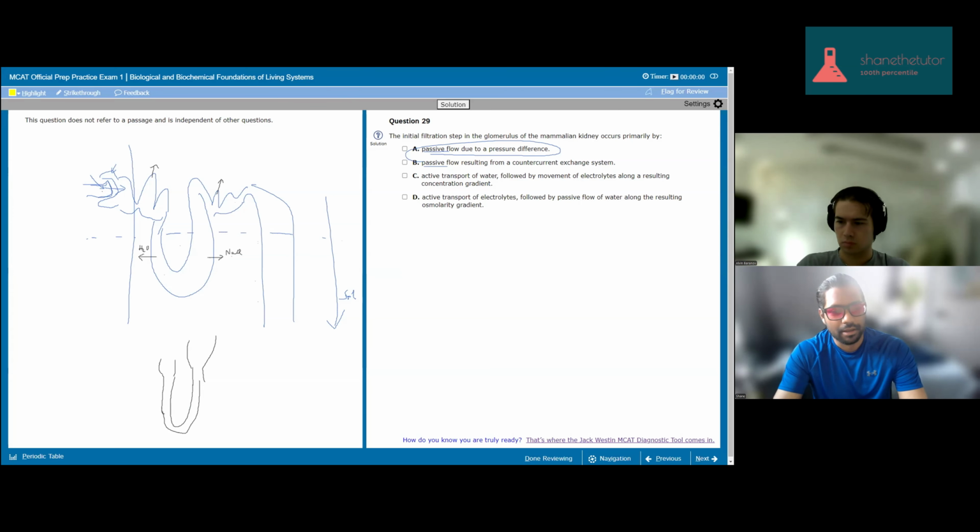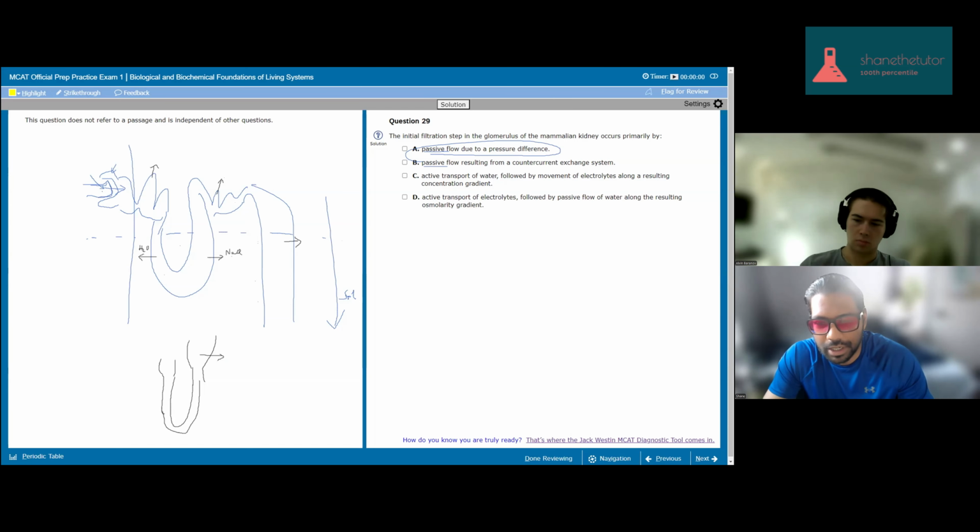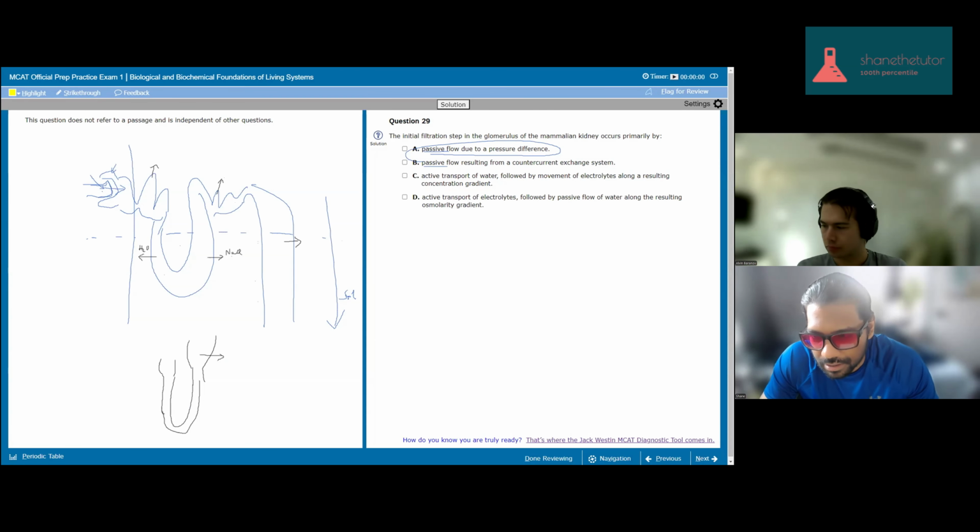At the thick part, you can have active transport, some at the distal convoluted tubule, and some at the collecting duct, which happens due to something like aldosterone. Those are the locations where that kind of thing happens.